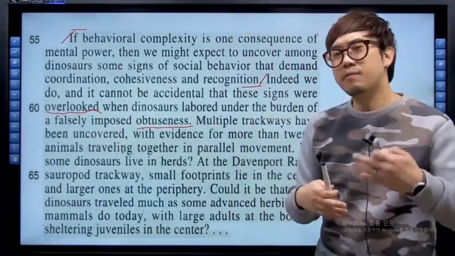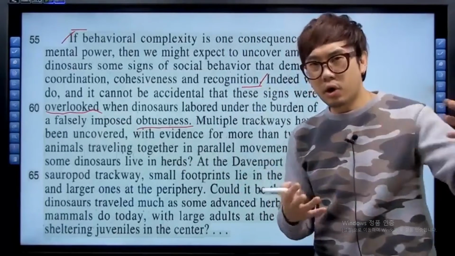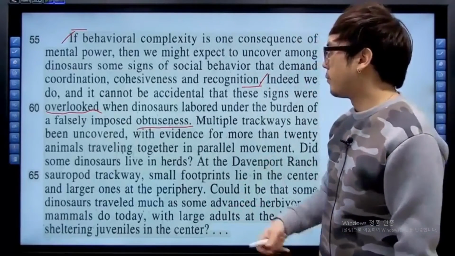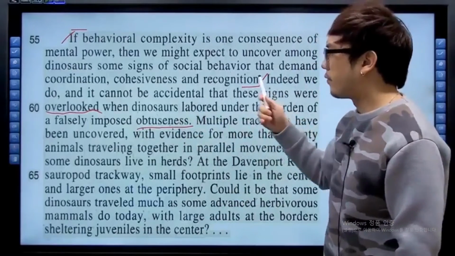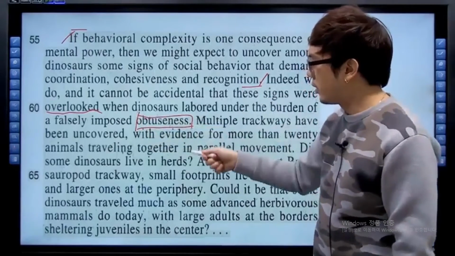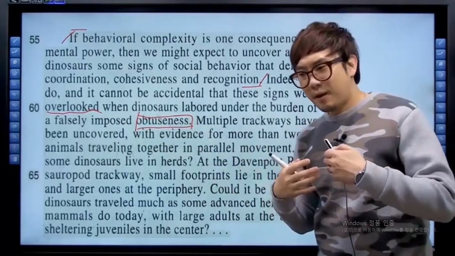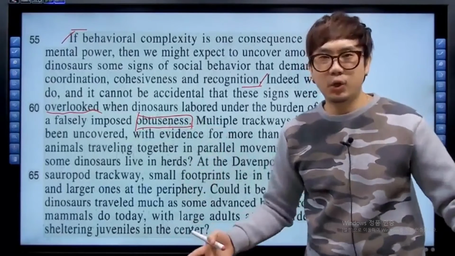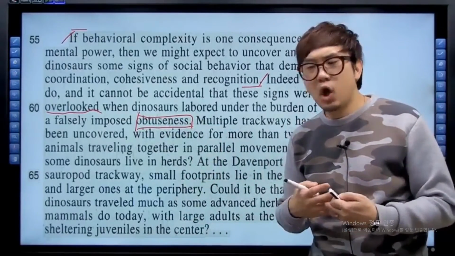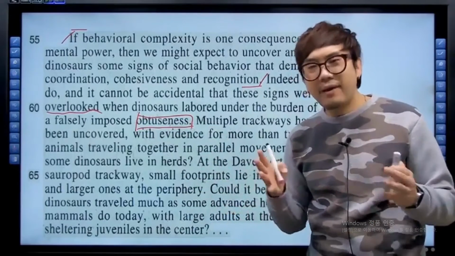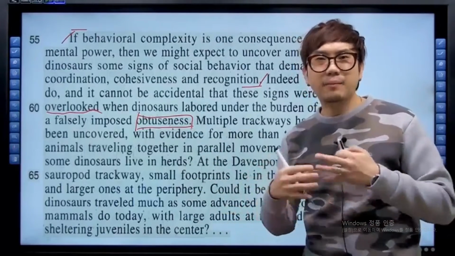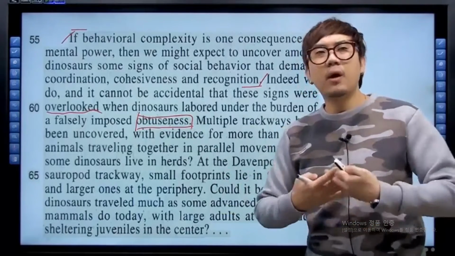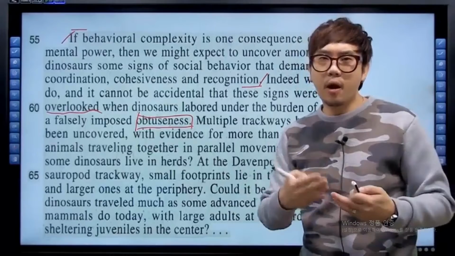The idea of behavioral complexity of the dinosaur herd was overlooked when dinosaurs labored under the burden of a falsely imposed obtuseness, right? What we're saying is that scientists were assuming that because they were so big and huge, they couldn't have had a herd, couldn't have moved in a herd, couldn't have lived in a social relationship with other kinds.